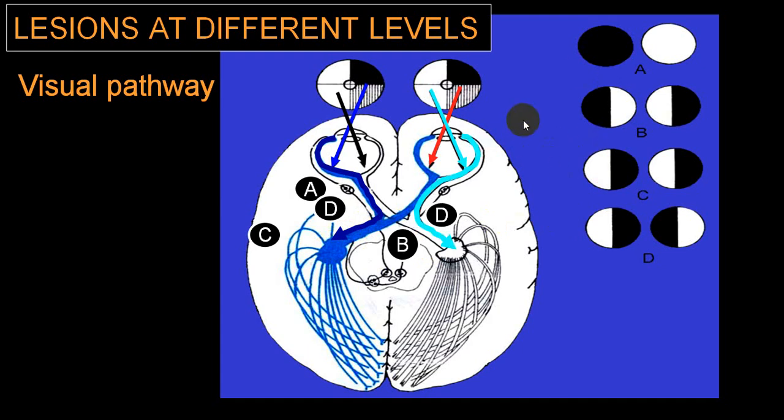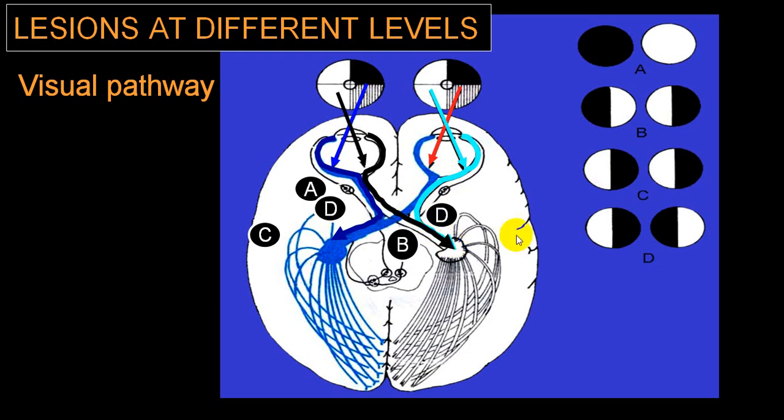You can see this particular temporal fiber, but the nasal field of right eye runs on the lateral side, that is temporal fiber, optic nerve, optic chiasma, optic tract, and lateral geniculate body.